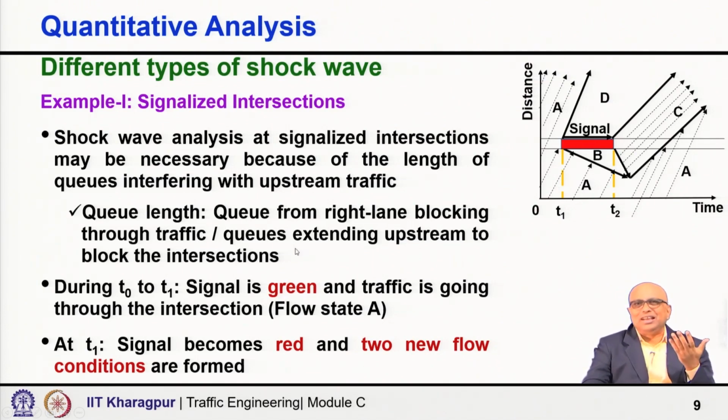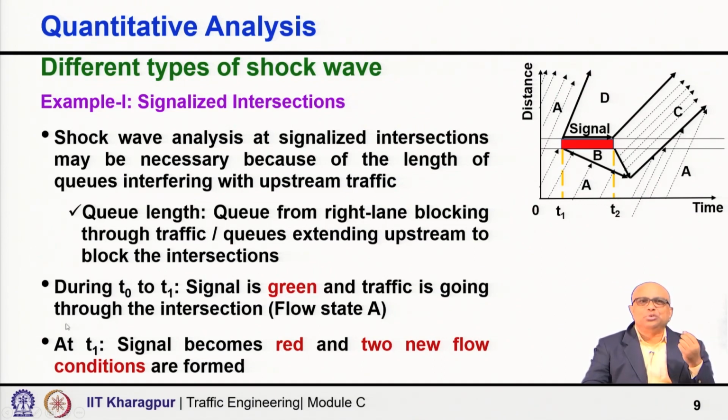So, we must analyze what is really happening when this traffic state B is forming, to what extent the formation is happening, when the traffic state is really getting dissipated, whether it is getting dissipated within a reasonable time, what is the maximum queue length, and how much time it is taking to dissipate the queue. All such kinds of questions can be answered.